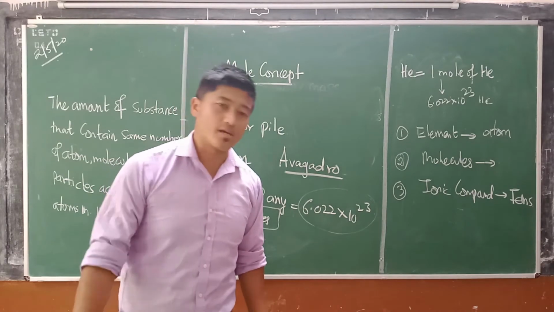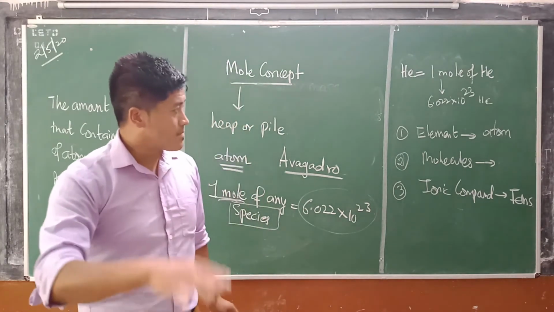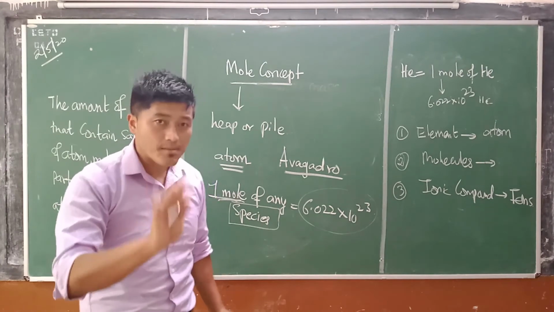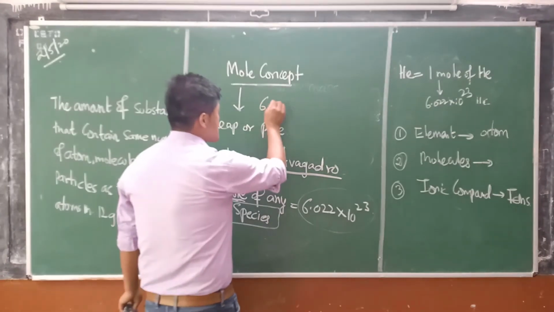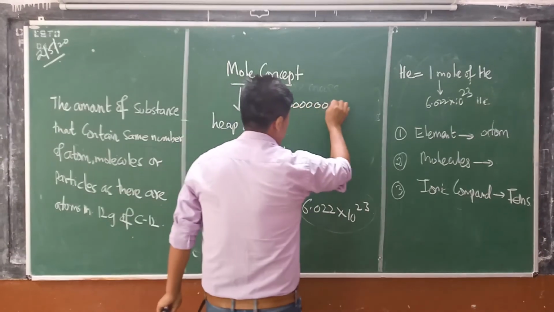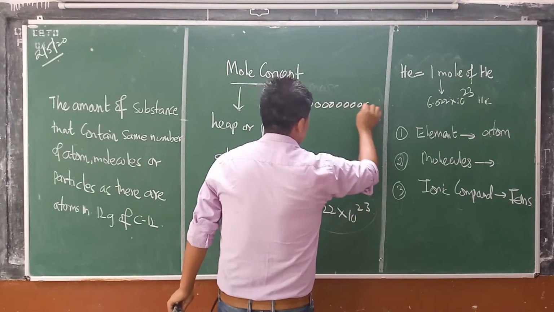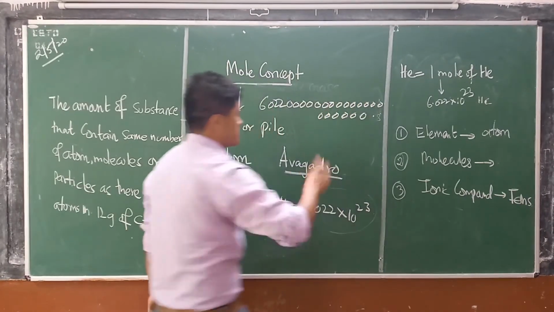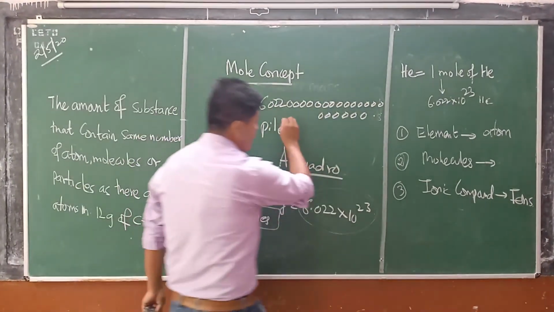You are not wrong in that. But if you ask the store owner for 1 mole of chocolates, that means you are asking for 6.022 into 10 raised to power 23 chocolates.